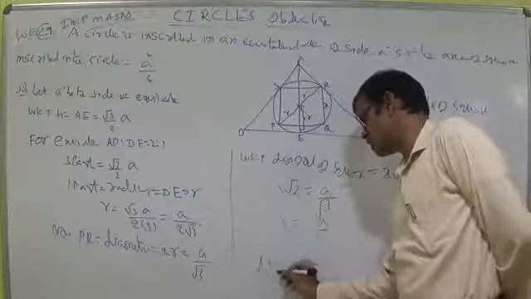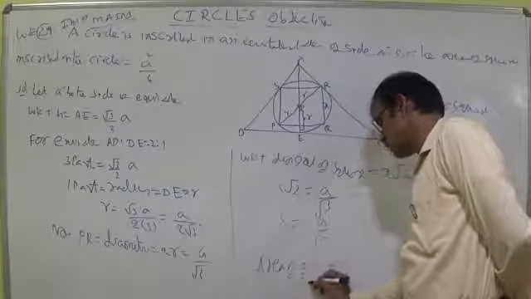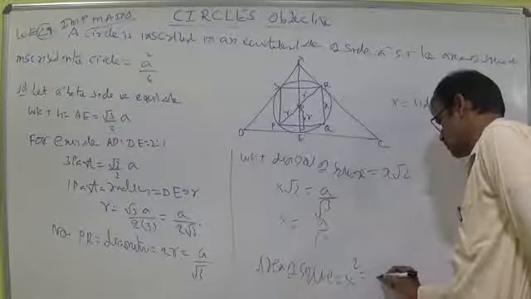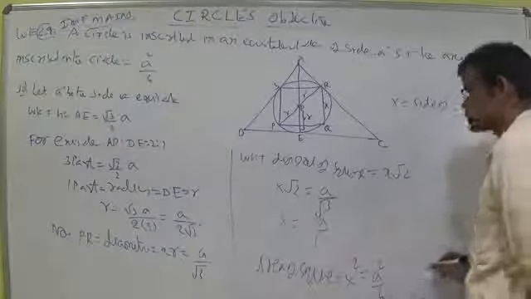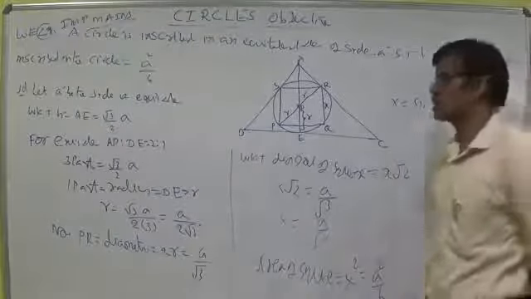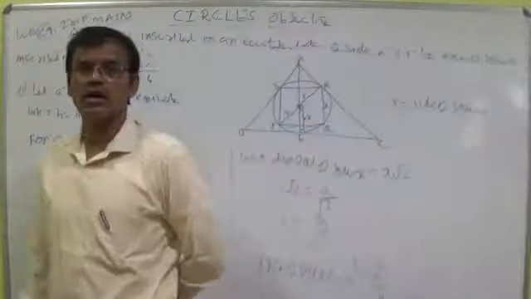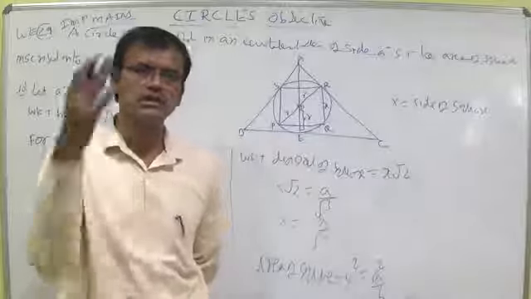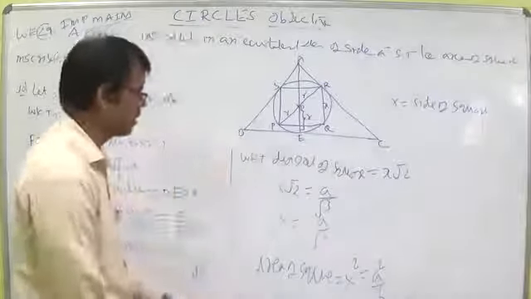Now we need the area of the square. Area of the square is equal to x square, side into side. So it is a square by 6. It is important, students. a square by 6 is the area of the square which is inscribed in the circle, which is inscribed in the equilateral triangle.